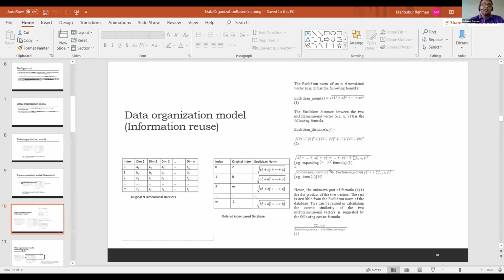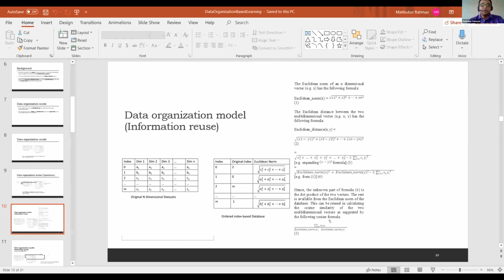The interesting thing is that in equation 4, we see that we already know the Euclidean norm of both these two multidimensional points from the ordered database, and the only unknown is the dot product of these two multidimensional vectors. This way, this organized database can provide information that can be reused in machine learning algorithms, and it can enhance the overall learning and computation.